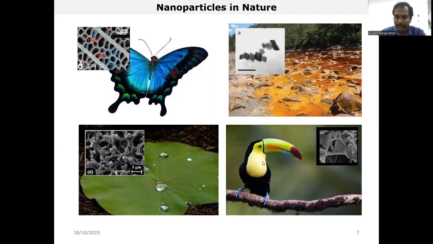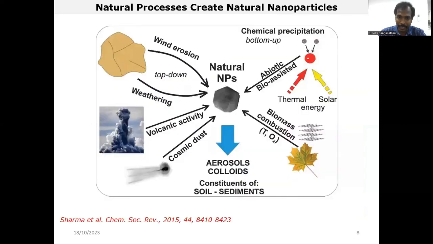And this is a toucan bird. Its beak is very hard, and the hardness is due to nanostructured materials. So nanotechnology is not a new thing, it already exists in nature. And several natural processes also bring nanomaterials.